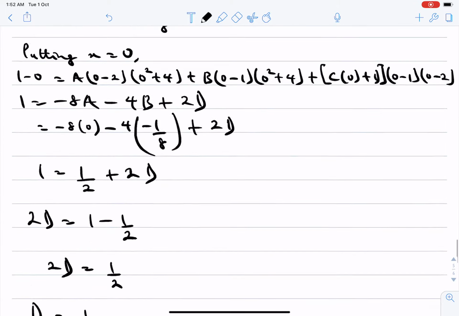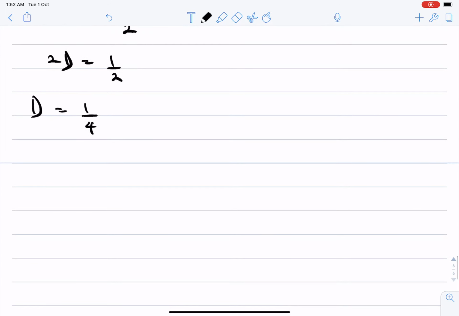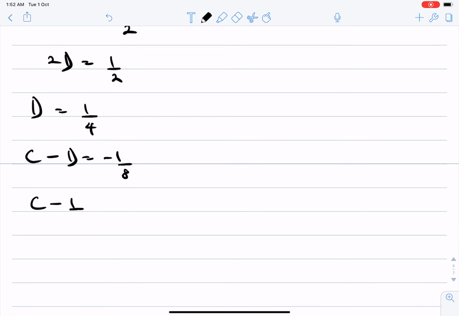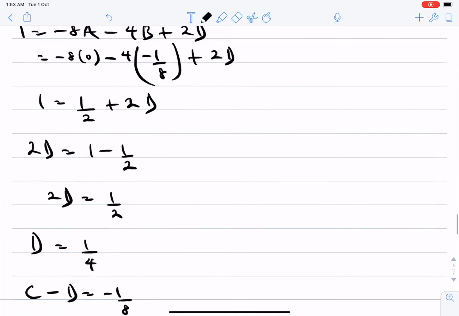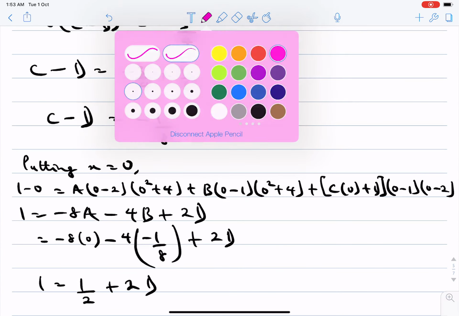So c minus d equals minus 1 over 8, which means c minus 1 over 4 equals minus 1 over 8.